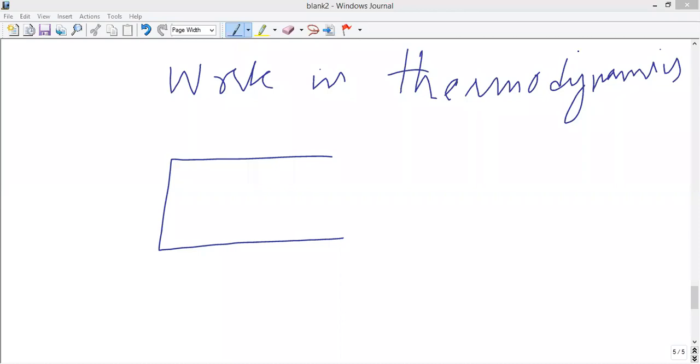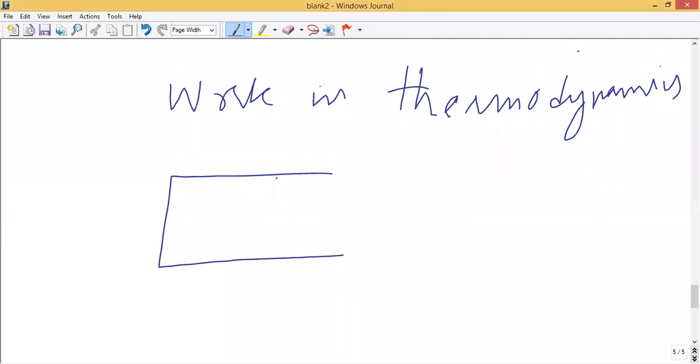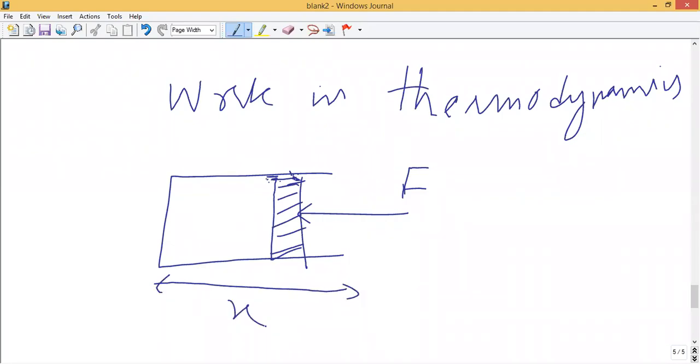If you have a cylinder, and this is the piston, and you apply force on this piston, and this distance is x. For example, this is the 0 point, you apply force on this piston, and the piston covers a displacement, it comes to this point, and it covers a distance of dx.